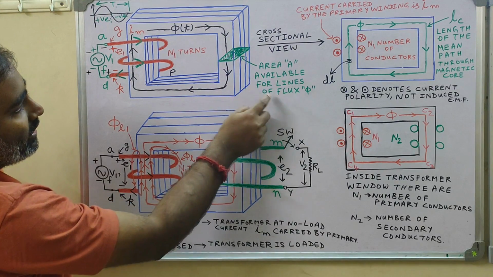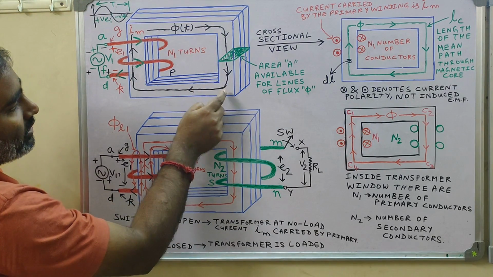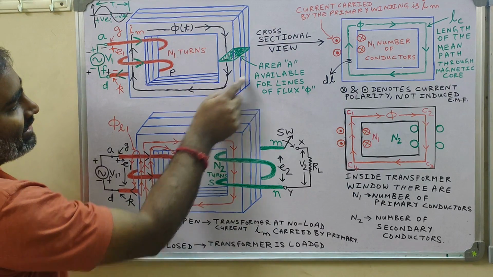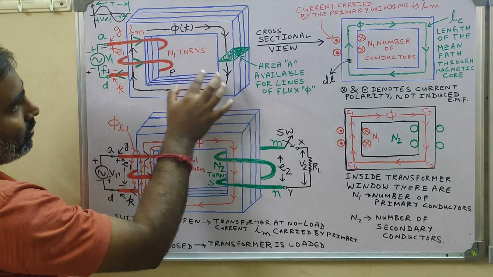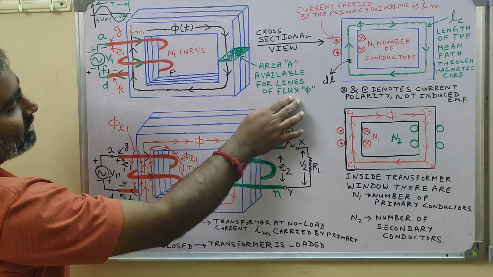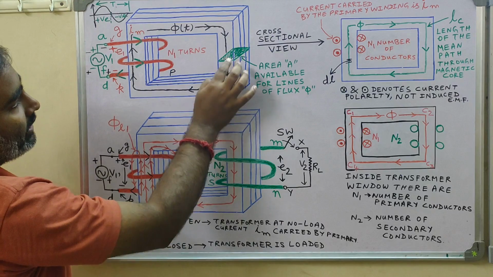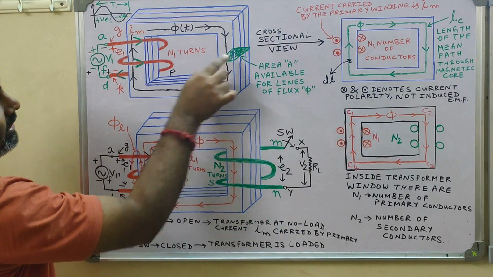So this is the area of cross section of the transformer magnetic core, and this area A is available for the lines of flux, or rather the lines of mutual flux phi, to pass. So this is the area A.